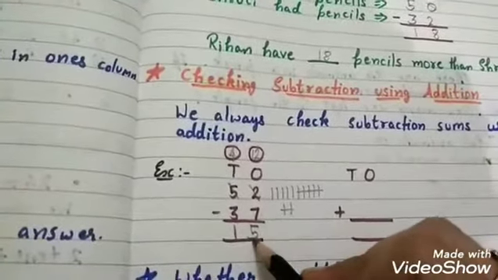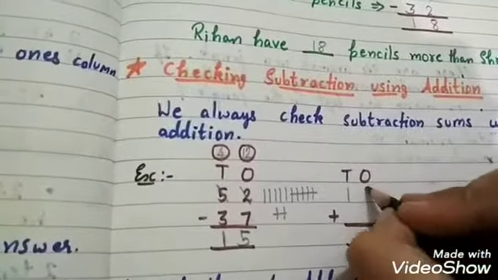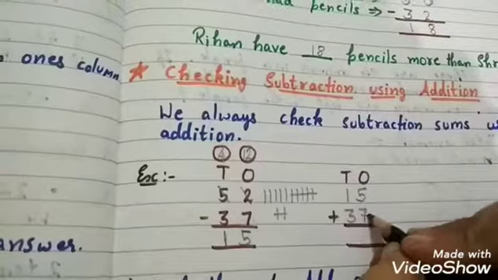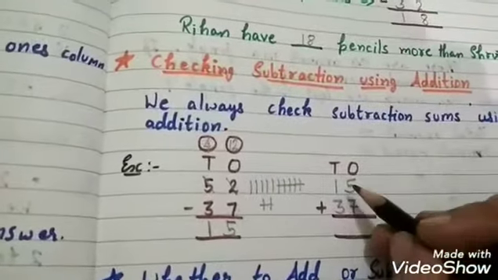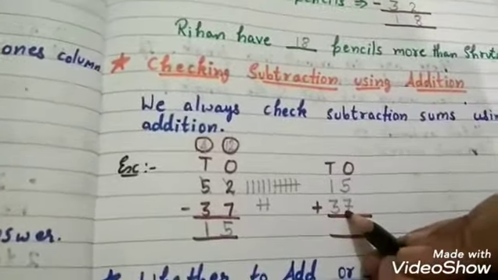So we will write this answer, this sum, 15 on the top and this 37 we will write downwards. Now we have to add 15 plus 37. So 7 plus 5, how much is this?